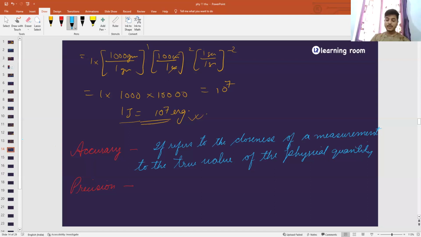And what is precision? Precision refers to the resolution or the limit to which the quantity is measured.